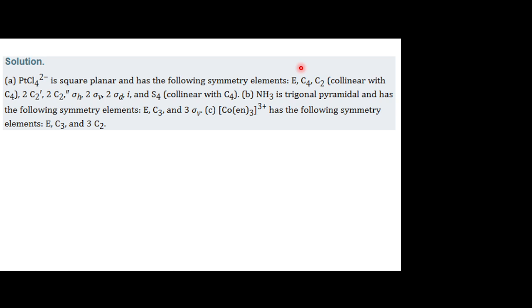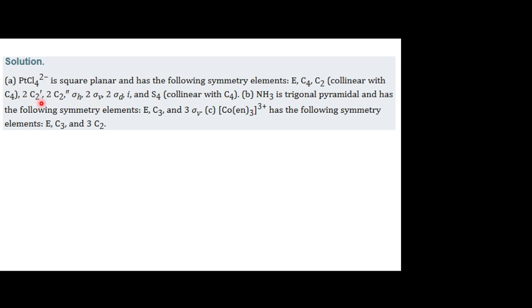You can rotate four times around that middle axis. Now, if you have a C4, that's going to have a C2 as well, because if you can rotate 90 degrees two times and that works, then rotating 180 degrees is also going to have to work.